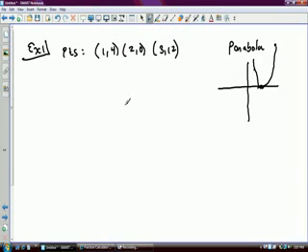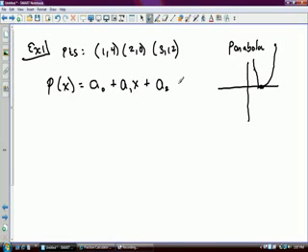So what I want to do here is say, what is a parabola first off. Well, a parabola is an equation p of x equals some constant plus some first degree term plus some second degree term.